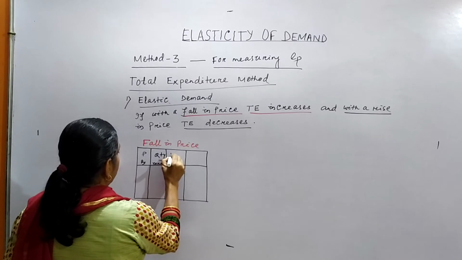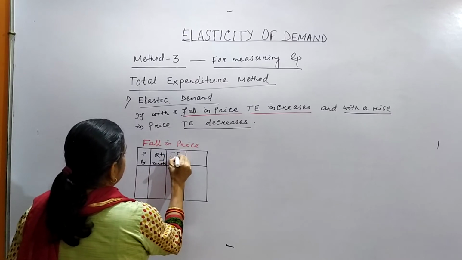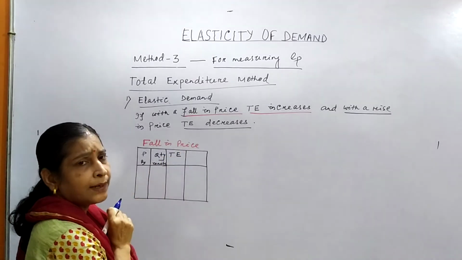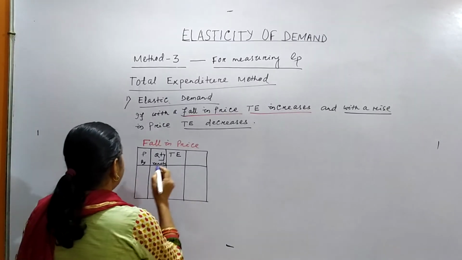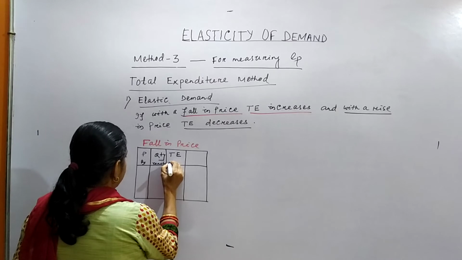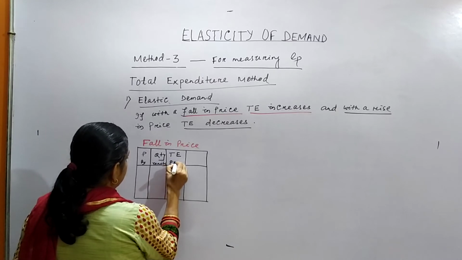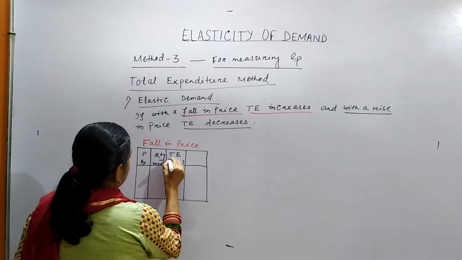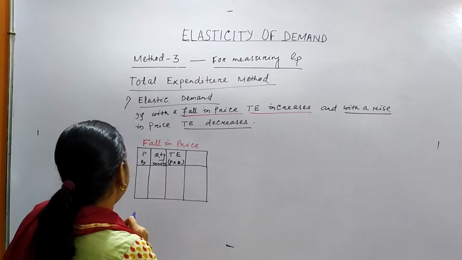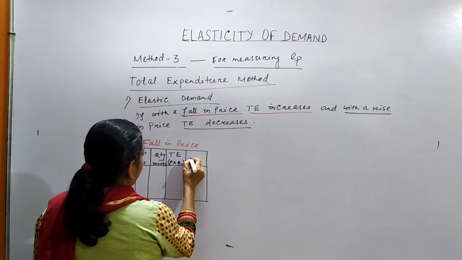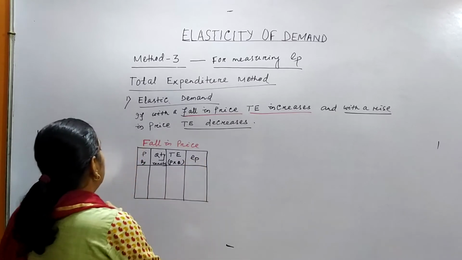This is total expenditure, TE. How can we calculate total expenditure? You know that total expenditure is calculated by multiplying price with quantity. So TE is price into quantity. Then what will be the value of EP?